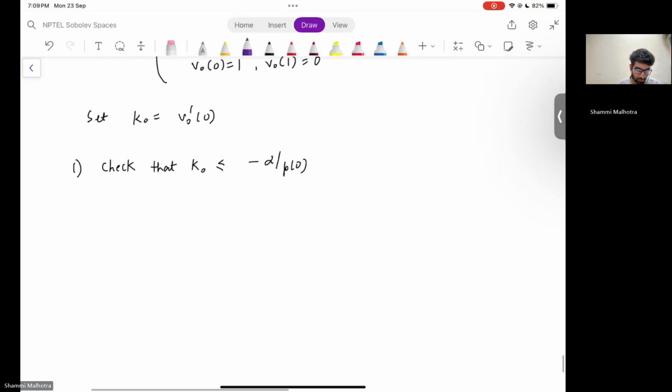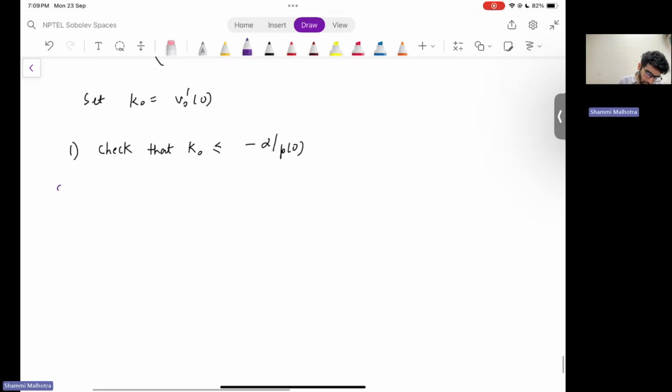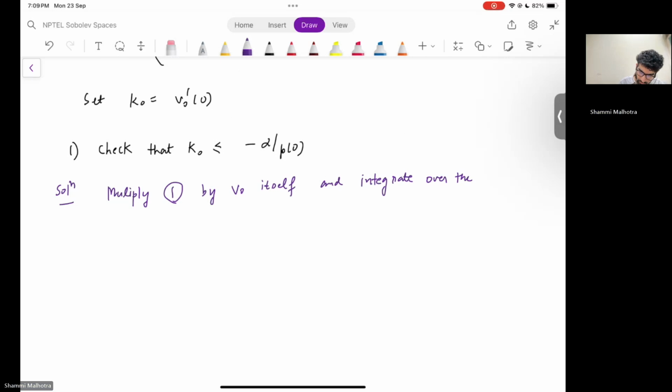So how do we prove this? We actually just start by multiplying P1 by v0 itself and integrating over the domain [0, 1].